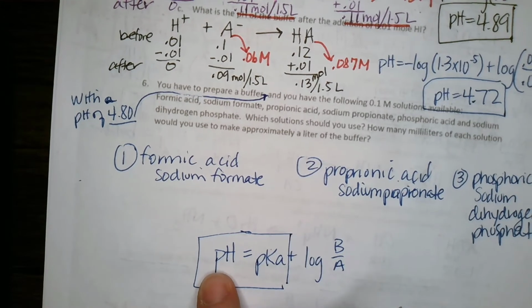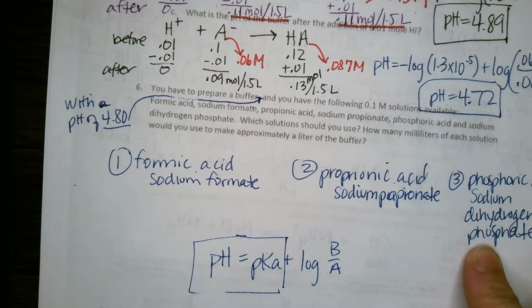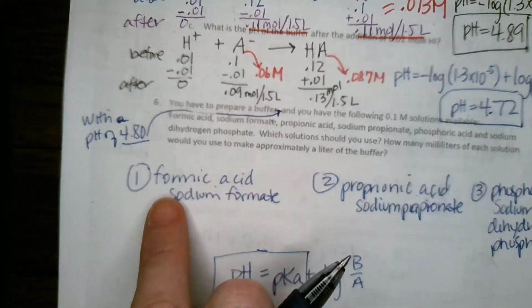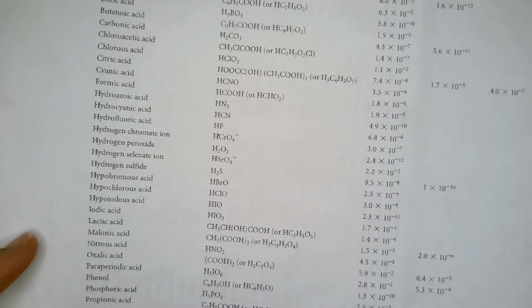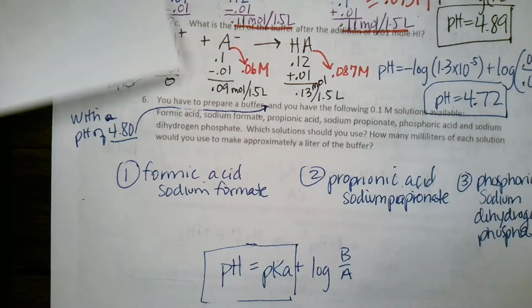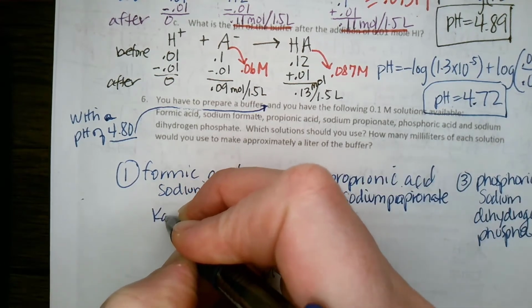So let's see what these Ka values are to see which is closest to the pH of 4.8. I need to look up on our Appendix D formic acid, and formic acid is 1.8 times 10 to the negative 4. That's our Ka.